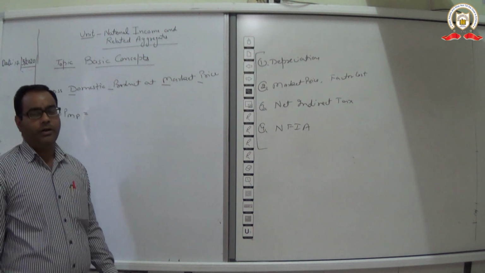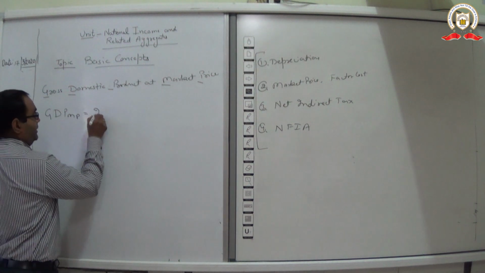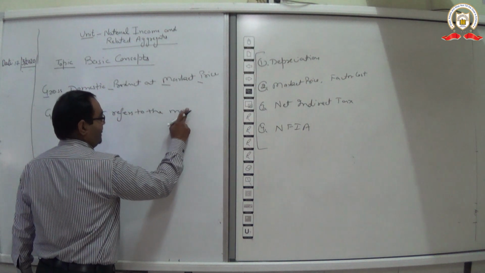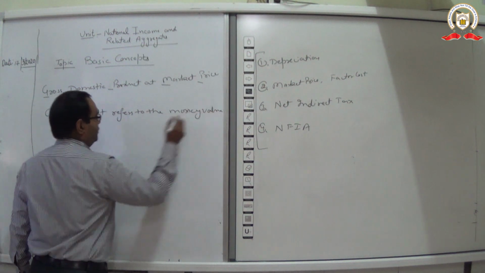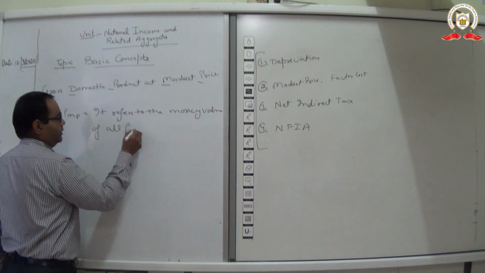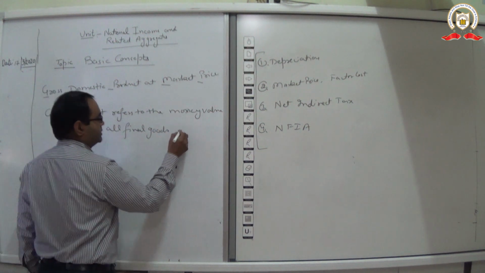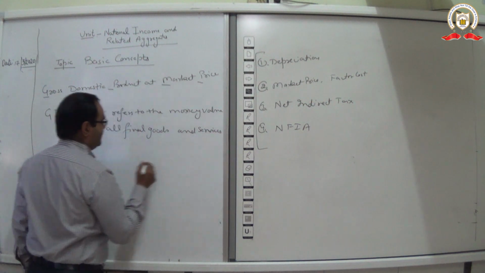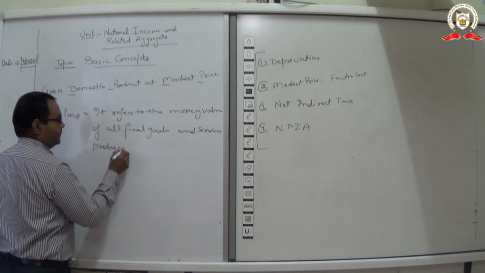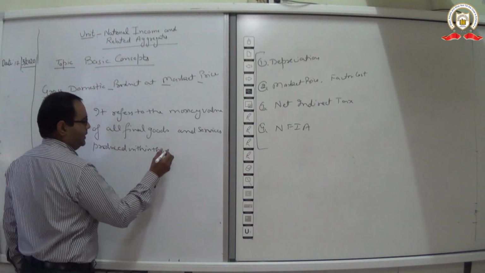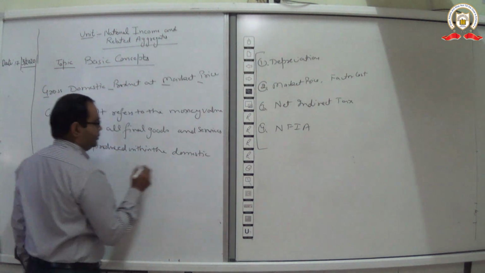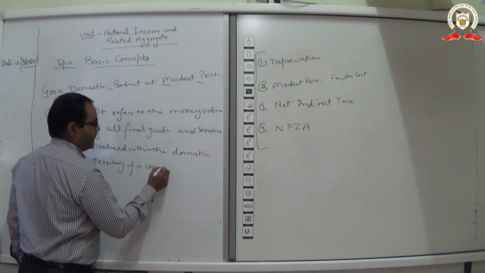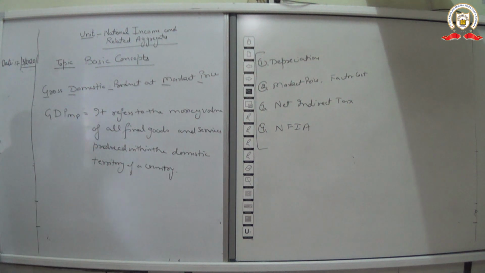So gross domestic product at market price refers to the money value of all final goods and services produced within the domestic territory of a country. This is GDP at MP.